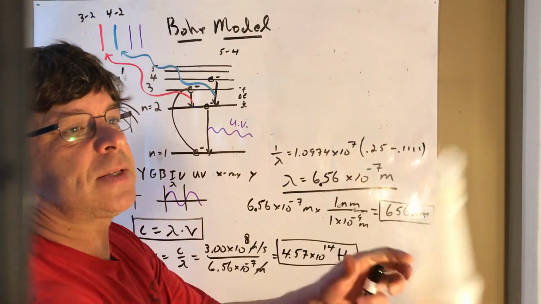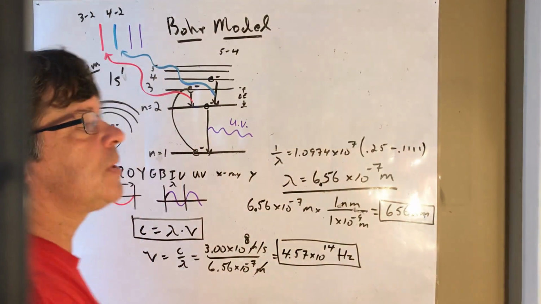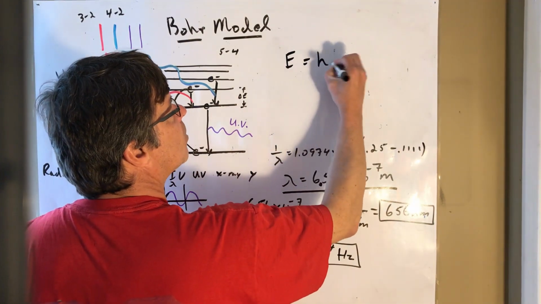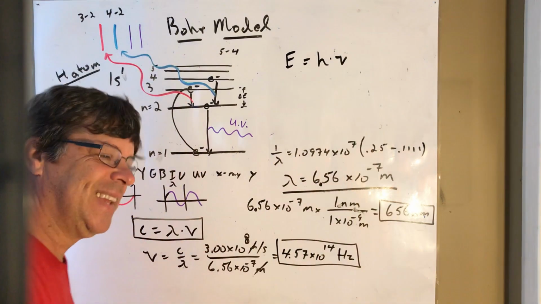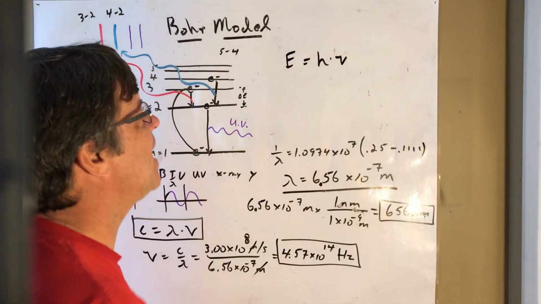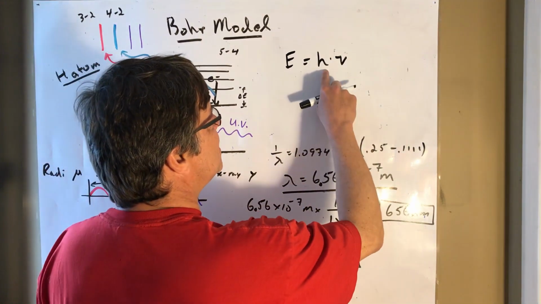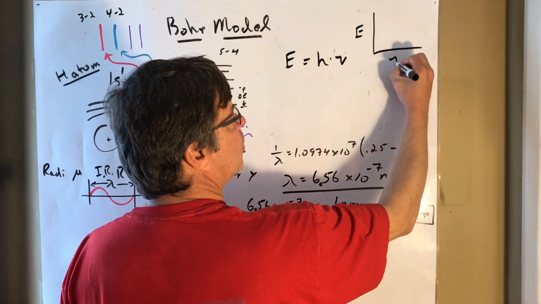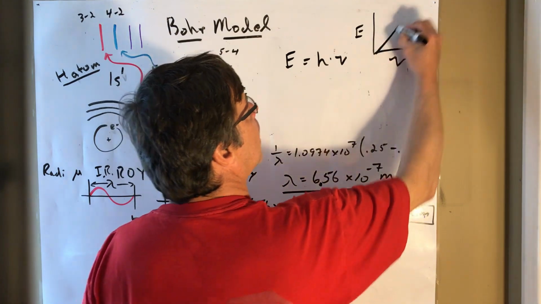All right, let's calculate the energy. So energy equals Planck's constant times frequency. If you think about this, if you graph all the energies versus the frequencies, you'd get a straight line.